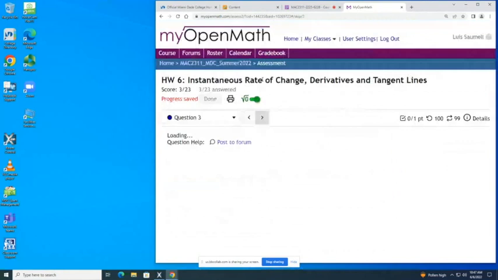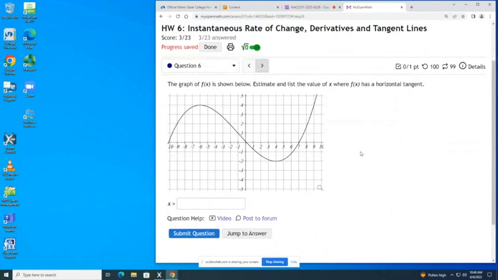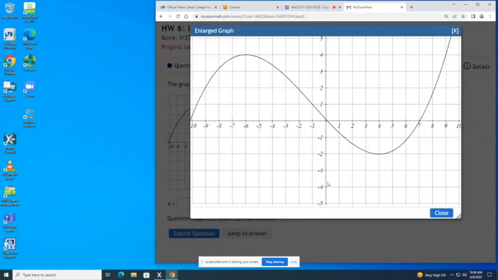Question number 1. For example, let's answer this one. The graph of f is shown below. Estimate and list the value of x where f of x has a horizontal tangent line. What would be the answer here? -6. So right here, that's 1 point. Yes.